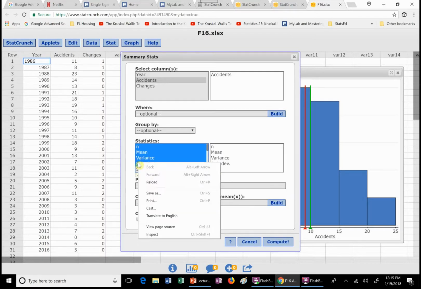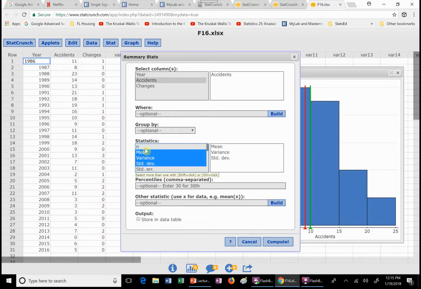I'm going to come back to the standard deviation a little later. I'm going to compute a couple other things just for right now: the median, the range. You could just choose them all by running your cursor over them, but I don't quite want to do all of that.